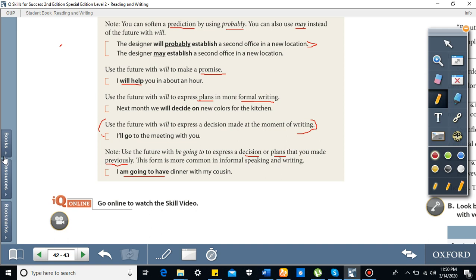That means you're talking about a plan that you made yesterday or before that. Already done, finished. So this is how you can use going to in contrast to will.